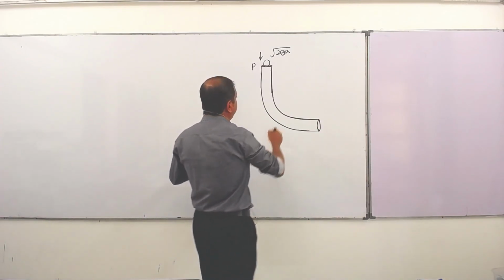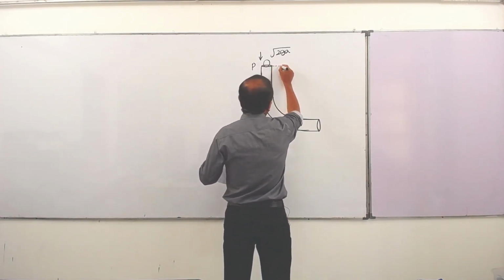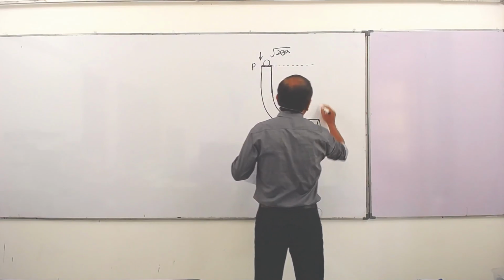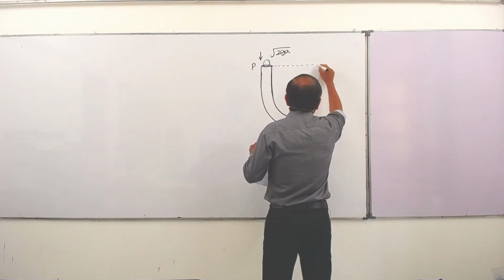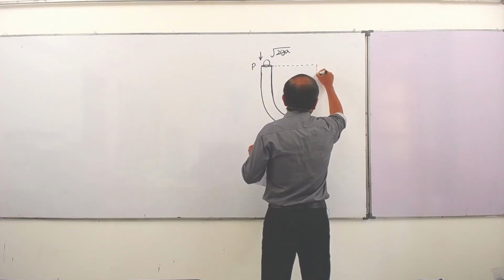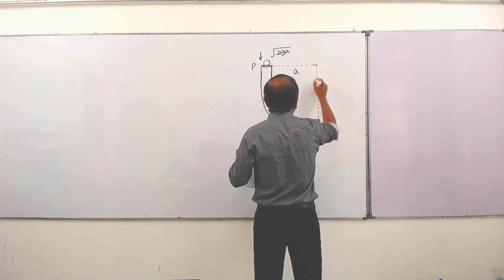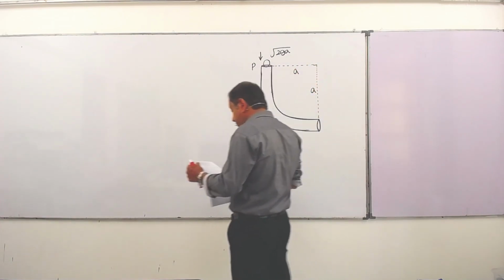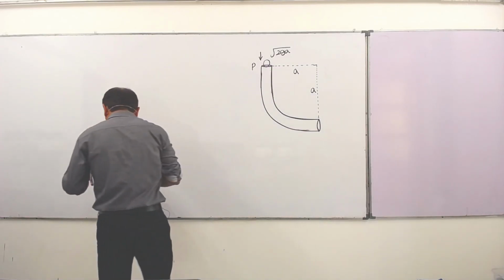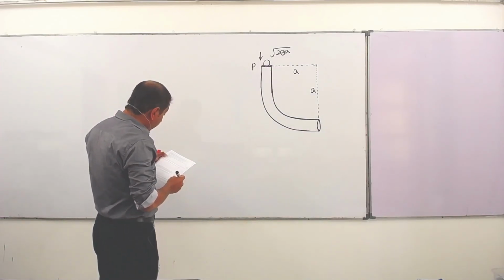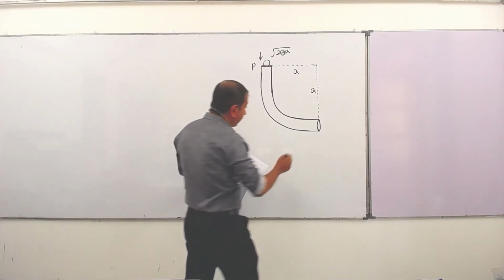The radius is a. A particle Q of mass m is placed here.